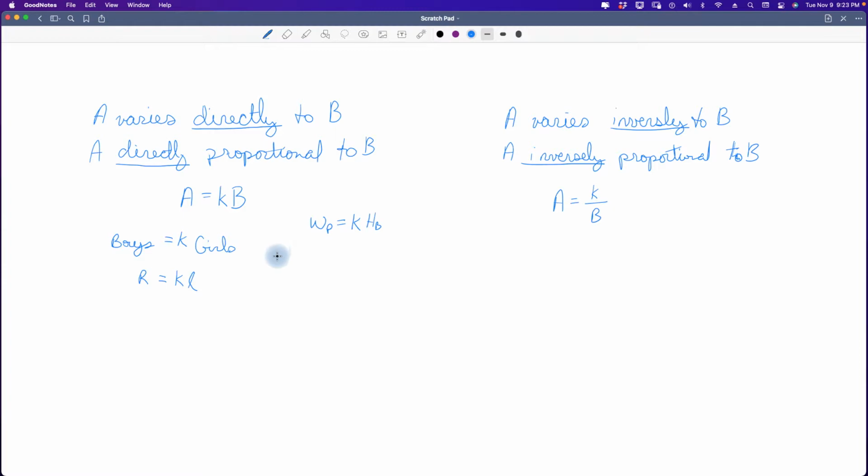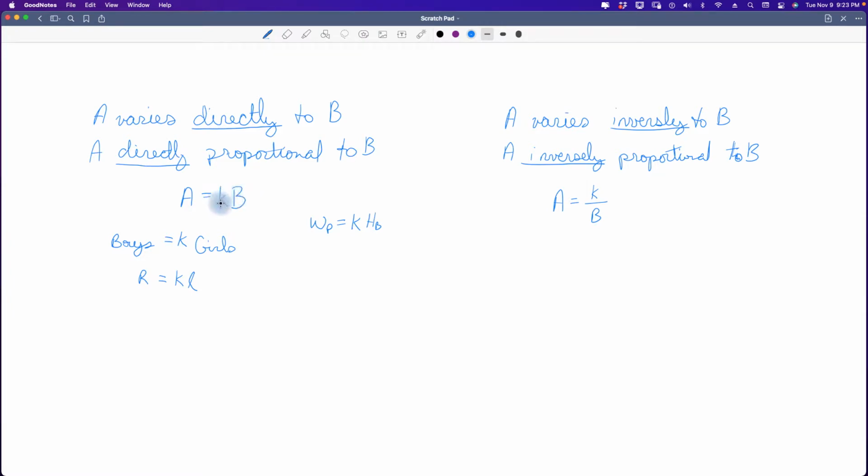And you can remember the difference in the equations like this. A is equal to K directly multiplied to B. So K and B are in direct contact with one another, and they're being multiplied directly across. However, when we have inversely, K is inverted on top of B. It is an inverse operation to the original formula.